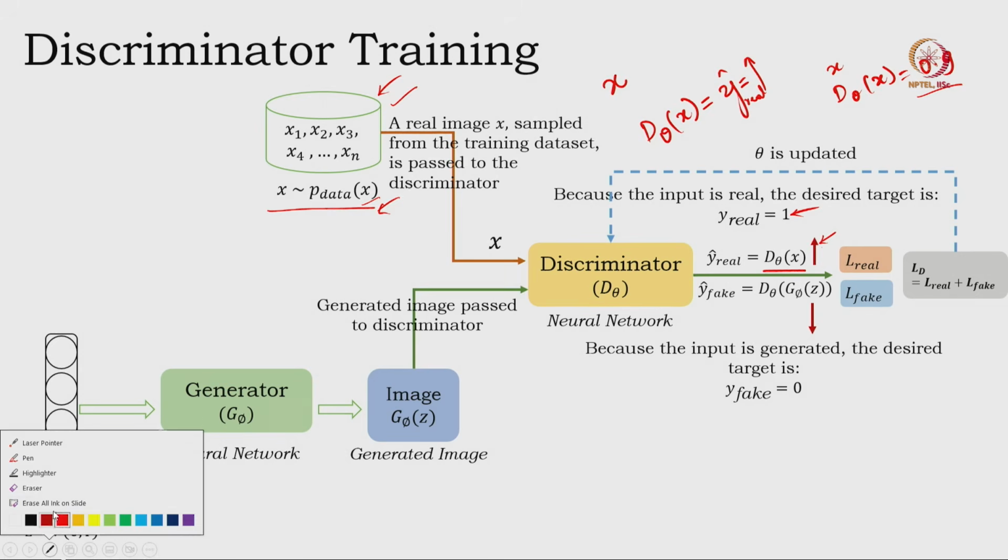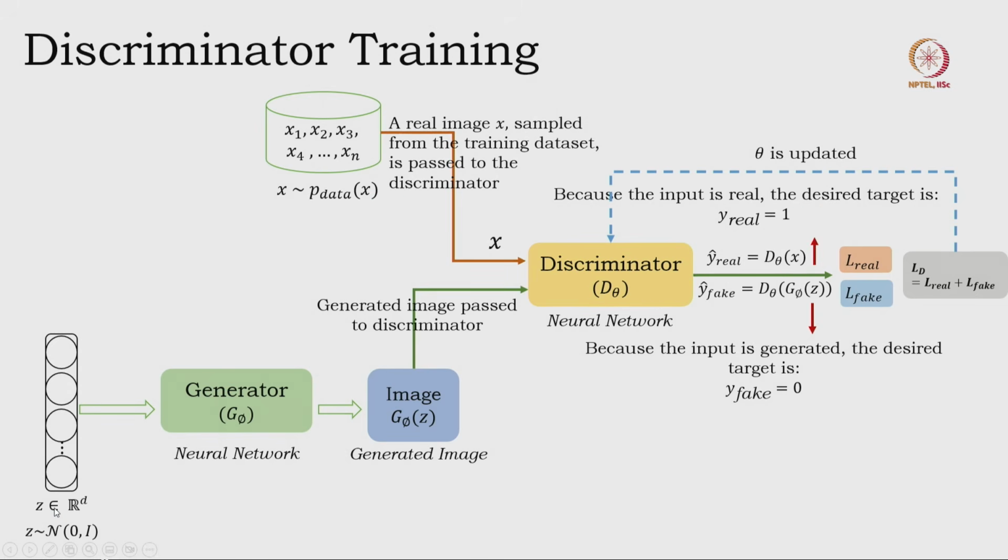You have taken a real image, that real image is passed to a discriminator, the discriminator is giving us the prediction, and that prediction we call y hat real, and that prediction should be closer to 1. When that prediction is closer to 1, which means for a real image the model should assign high probability, what should be its ground truth? Its ground truth should be equivalent to 1.